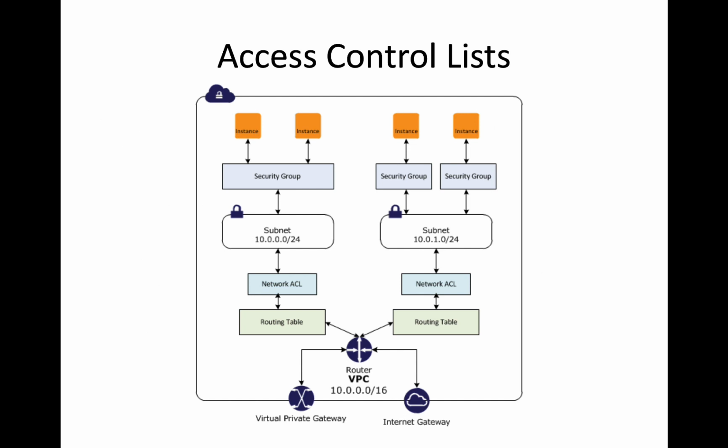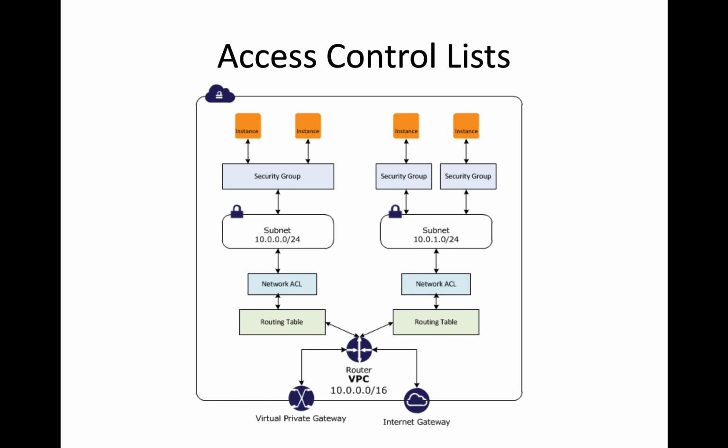Here's a diagram that kind of shows you how ACLs and subnets and security groups fit together. Picture traffic coming from the internet through the NAT Gateway. It's going to hit a VPC router, which will look at your routing tables to determine how to route traffic within your VPC.